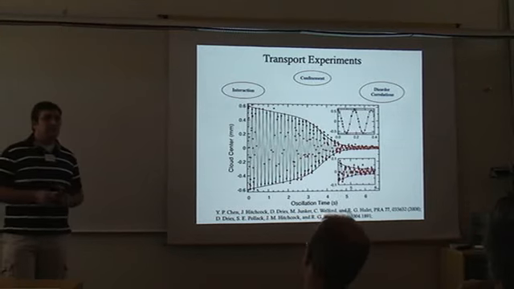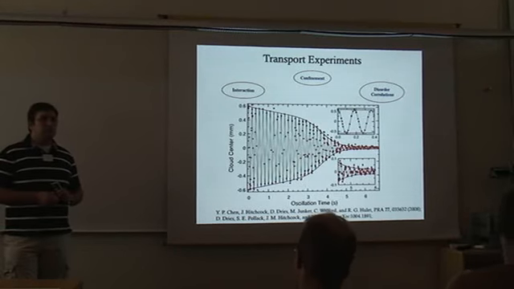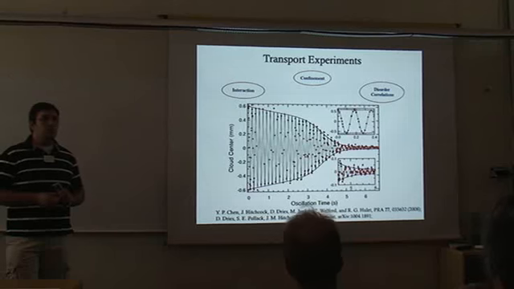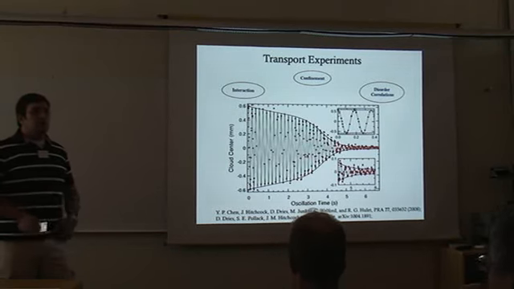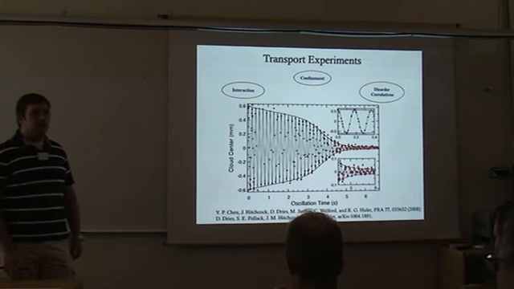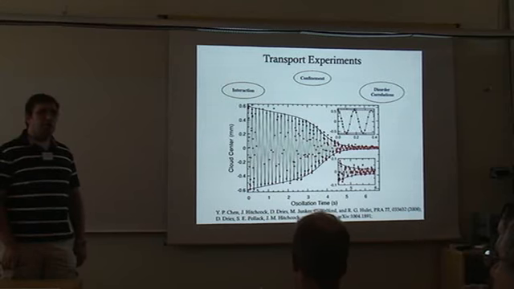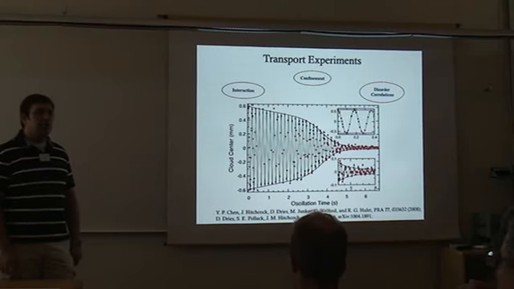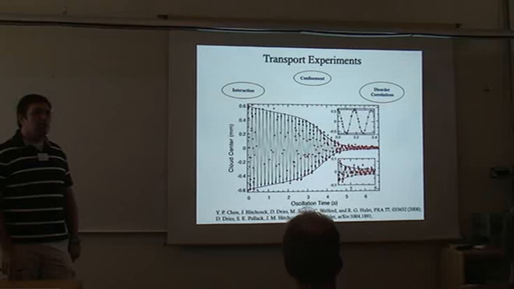Yes? So in principle, I guess the interaction should also cause a collapse. Sorry? The interaction between the atoms should also cause a collapse? The interaction is positive here. It's a repulsive interaction between bosons. I mean, if you have an attraction, then there is an instability and you get a collapse. But these are the center of mass oscillations in the trap.